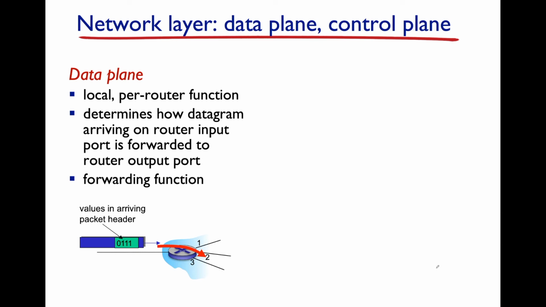And so here in the diagram, in the so-called forwarding function, we examine the bit information in the header fields, and it comes in on some input port, and you'll notice here the output ports or output links on the router are labeled 1, 2, and 3. And so based on what the pattern is of the bits in the network layer header, that datagram's header, it's going to make a decision, okay, this packet should go out that particular link.